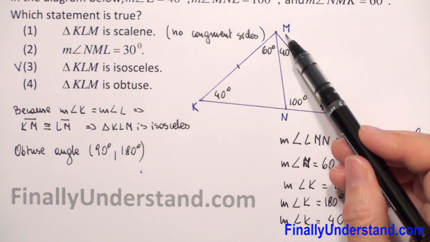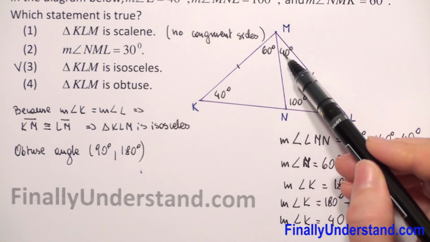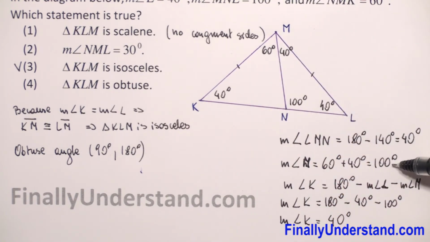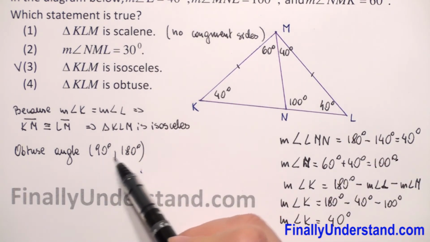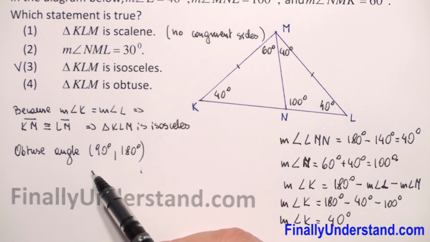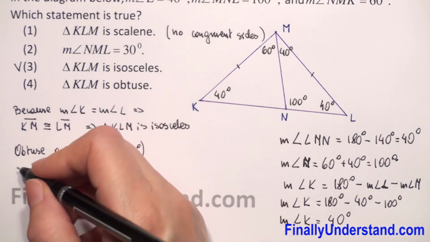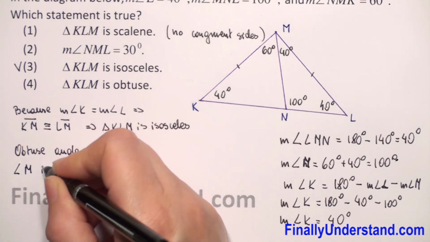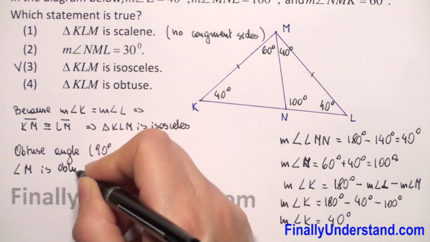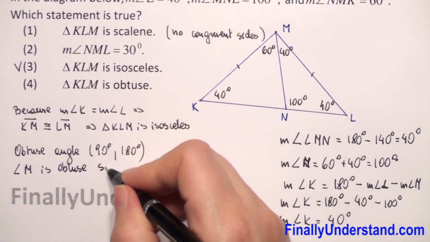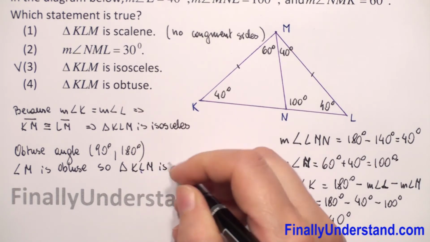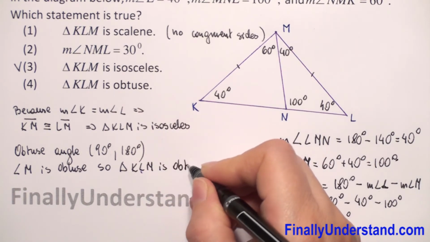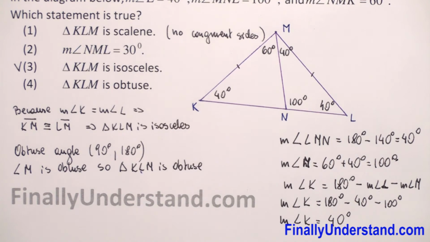Because angle M is 60 plus 40, we calculate that this is 100 degrees, so it's in this interval. We can write that angle M is obtuse, so triangle KLM is obtuse. The fourth statement is also true.